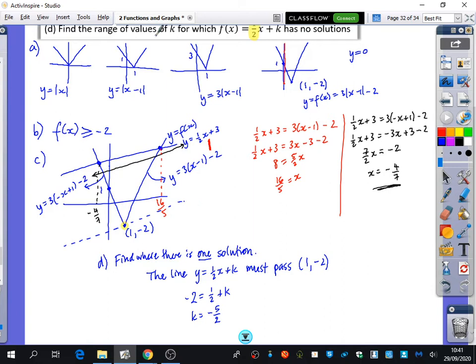But the question says find the range of values of k for which it has no solutions. So k is less than -5 over 2. And the reason it has to be less than is because k is representing the y-intercept. So if we reduce the y-intercept, this dotted line, if it's brought down the board, it just wouldn't be crossing the graph at all, so there would be no solutions.